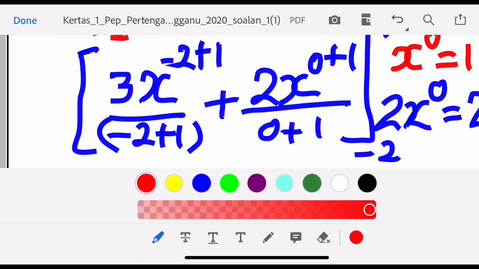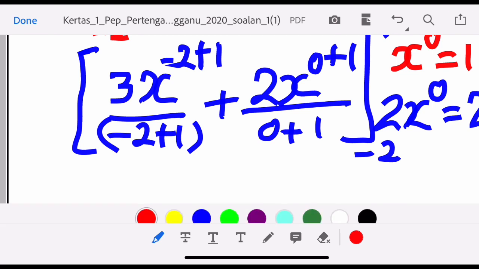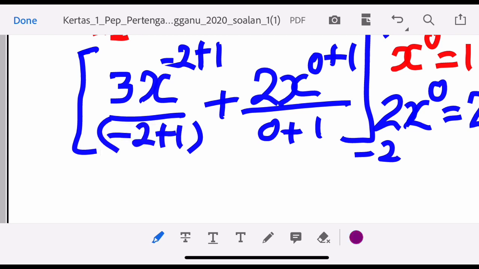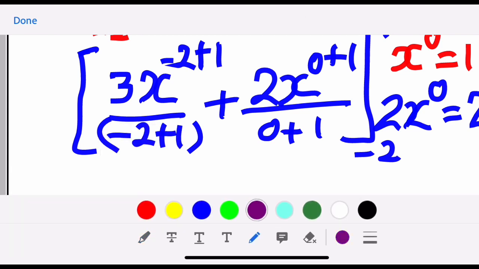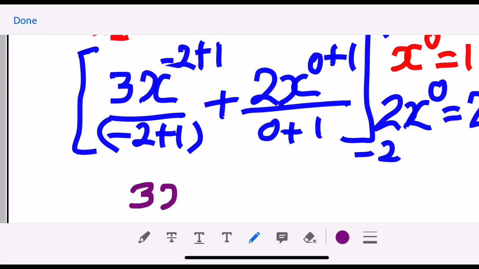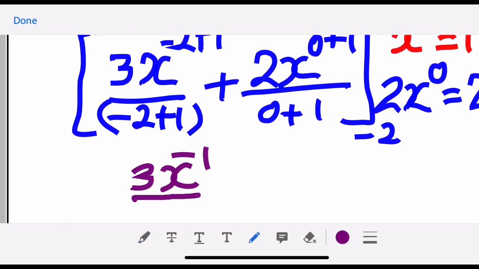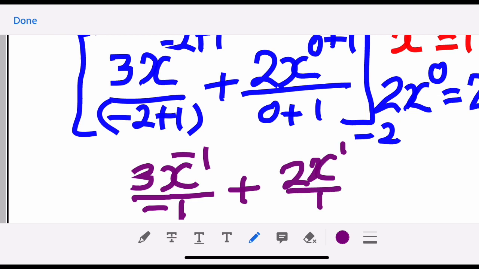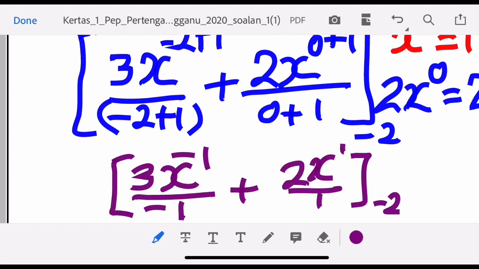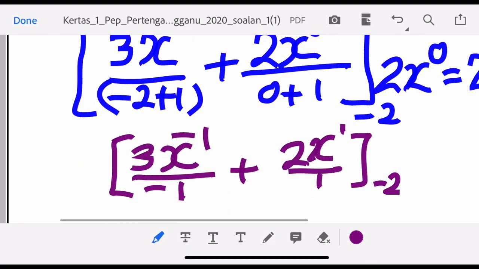I'm going to simplify before I substitute. Okay, let me simplify: 3x^(-1) over -1, right, plus 2x^(0+1) which is power 1, over 1. Alright, so -2 and then A, right?